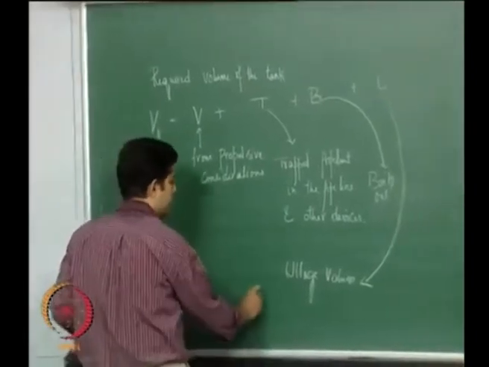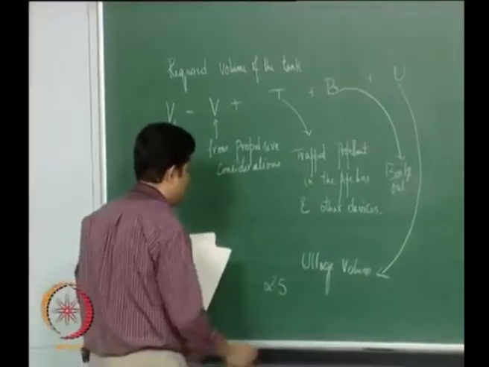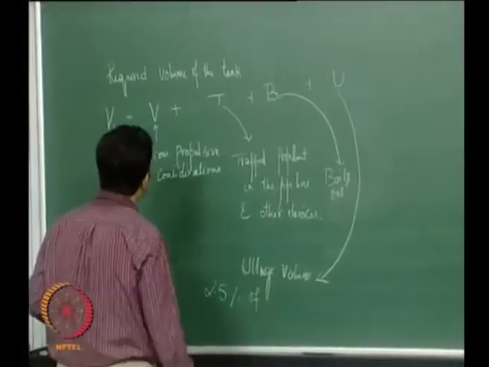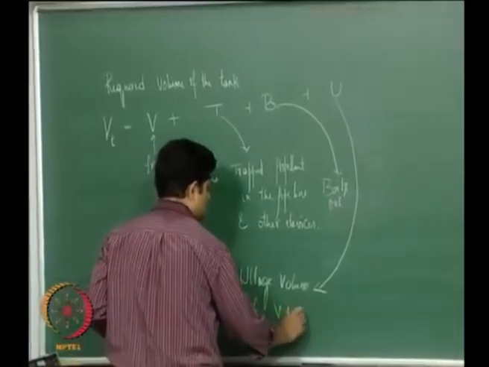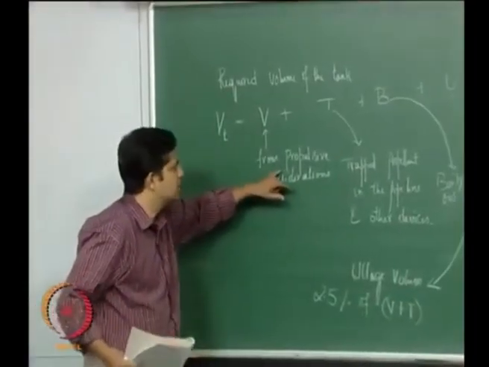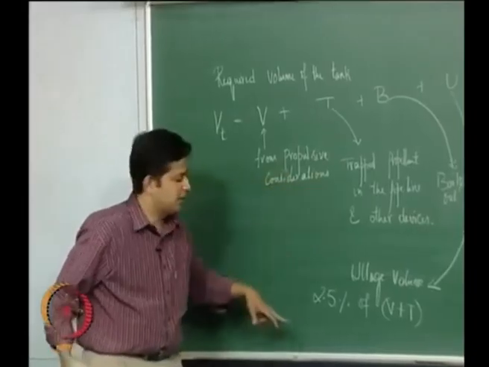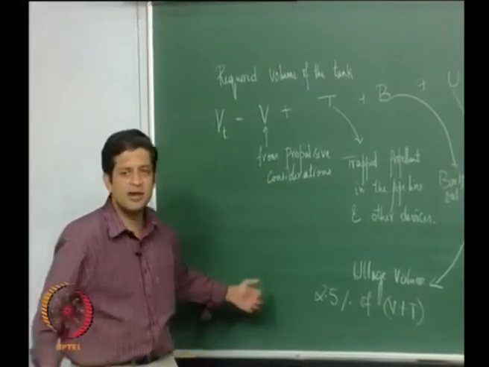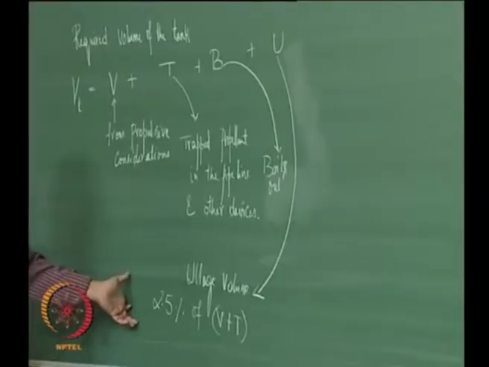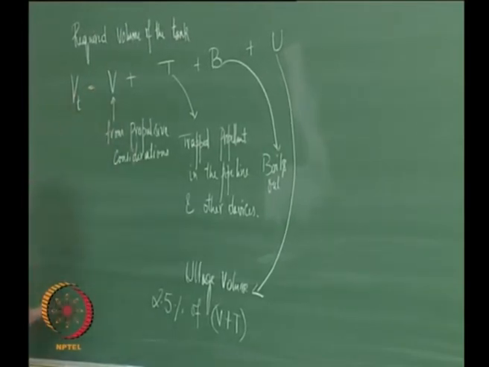This is typically something like 2.5% of that volume arrived at from propulsive considerations plus trapped propellant. This is some kind of a thumb rule that people use to calculate what should be the ullage volume. Okay. So, this will give us the overall tank volume.